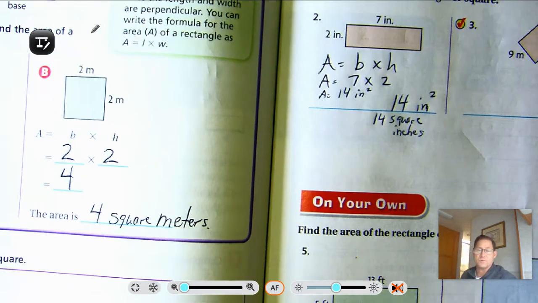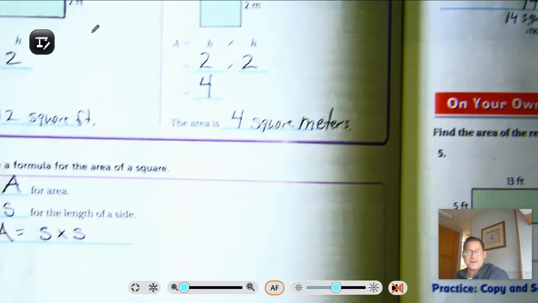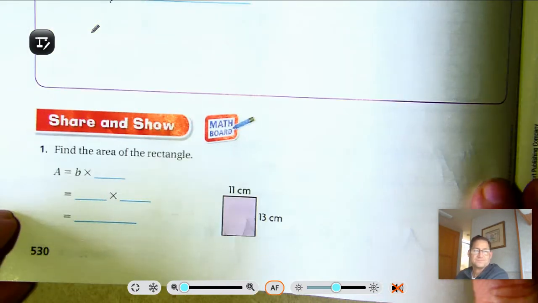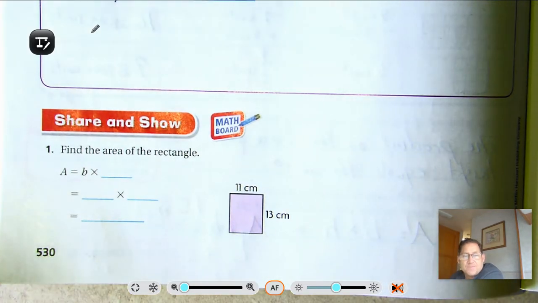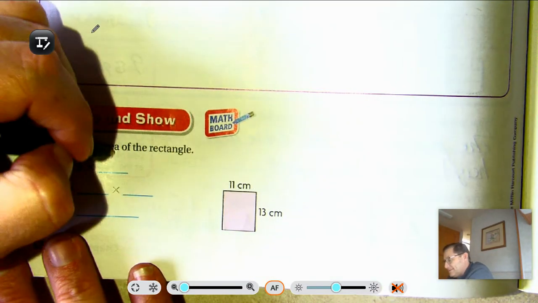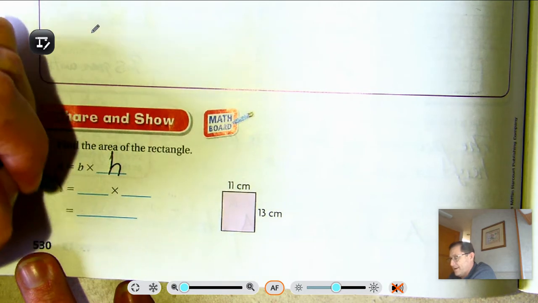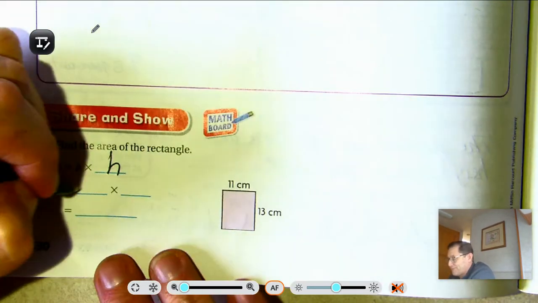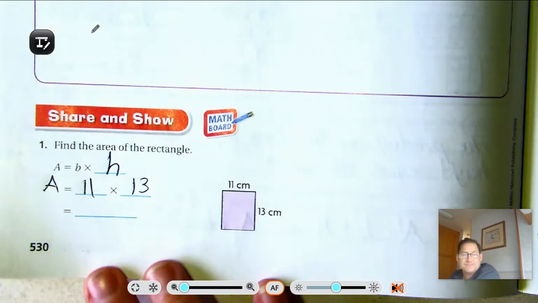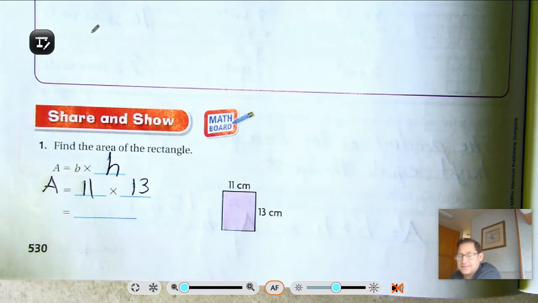Oh, I skipped number 1, didn't I? Let's go back to page 530. All right, page 530. A equals base times height. A equals 11 times 13. Doesn't matter which side I call the base.